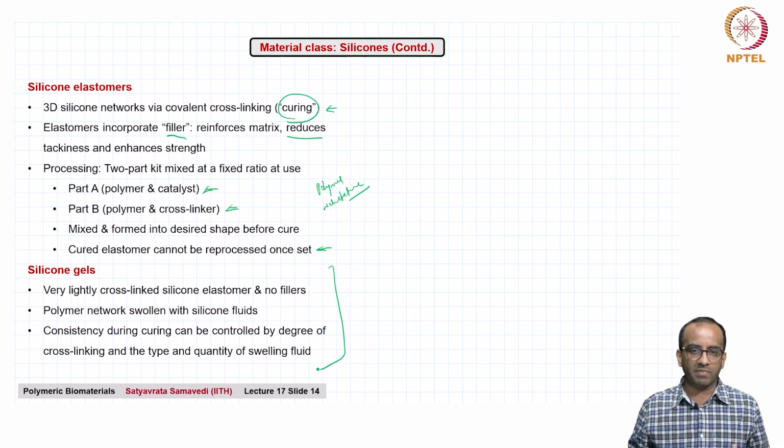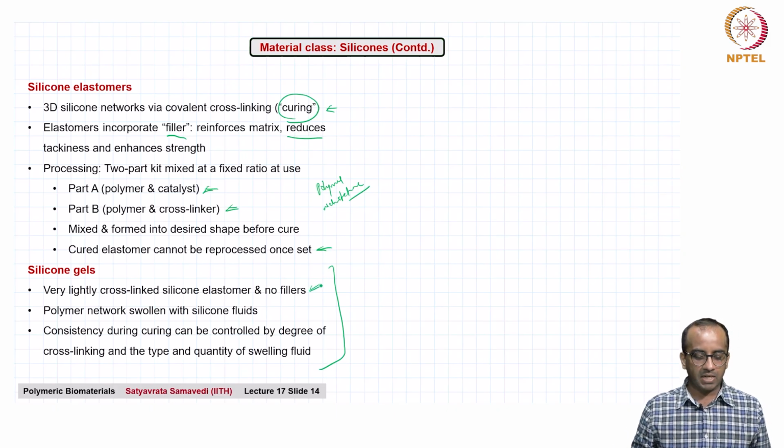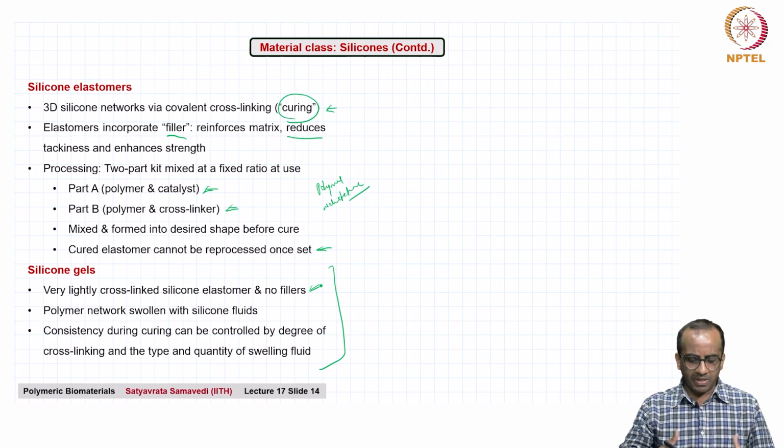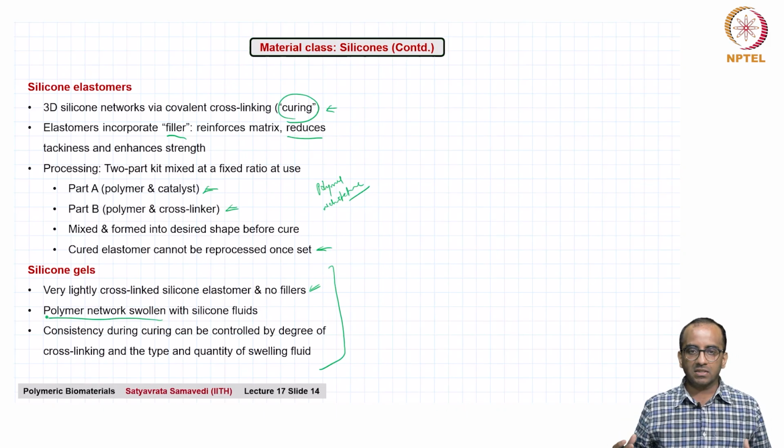These gels will be somewhere in between. They don't have fillers, and they're very lightly cross-linked. And once typically a PDMS network is taken and is swollen in the presence of silicone fluids, that's what gives rise to this gel.